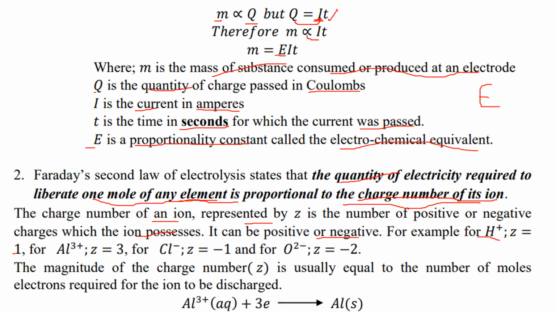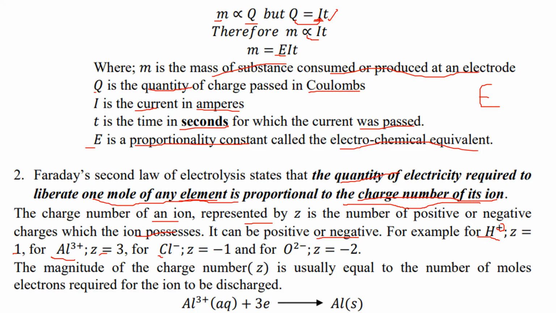If you have cations, there's no need to indicate that it's positive, but for anions, you are required to indicate that it's negative. But for cations, don't indicate any charge on it when you're finding Z. So if you look at aluminium, the charge on it is positive 3, so Z is simply 3. If you look at the chloride ion, the charge on it is negative 1.